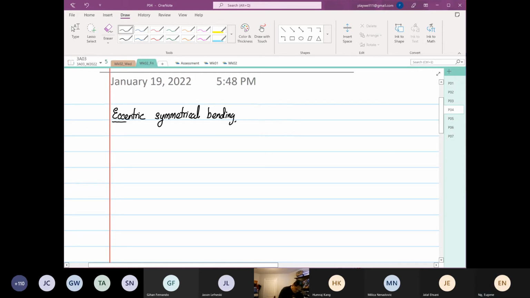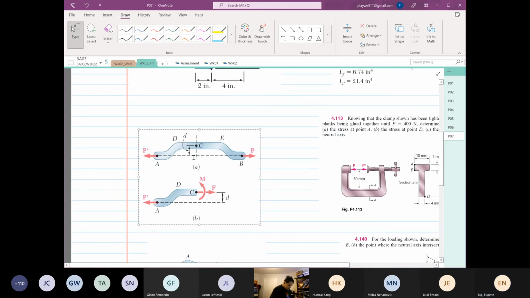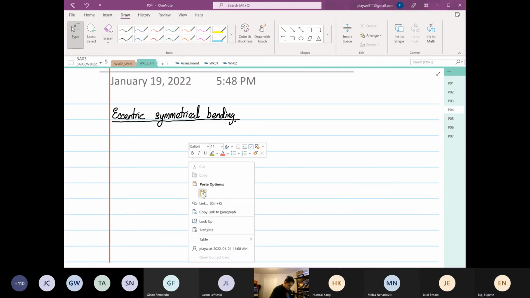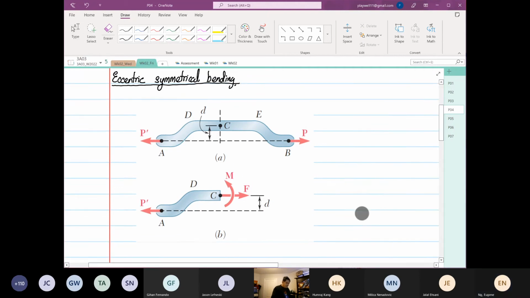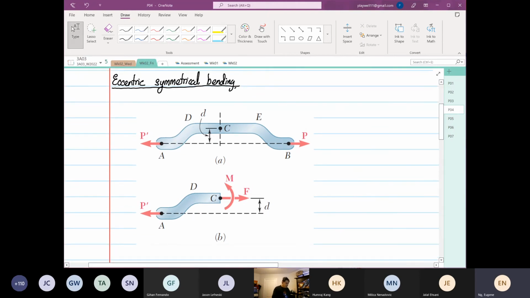I have briefly talked about eccentric symmetrical bending last Friday, so now I go into more detail, and there's one thing that I want you all to learn that is very, very important. I'm going to use another diagram. This sort of configuration is where we have eccentric symmetrical bending.